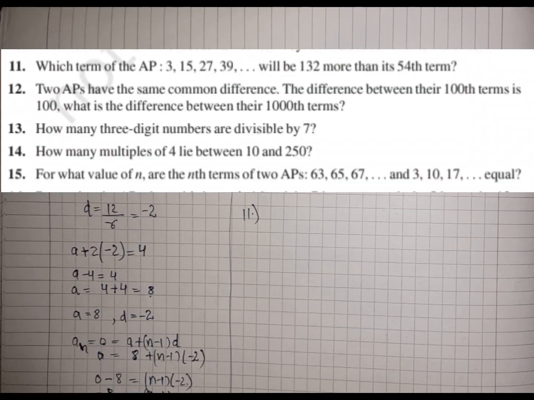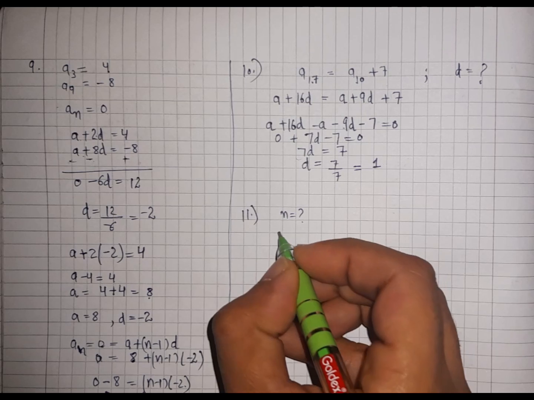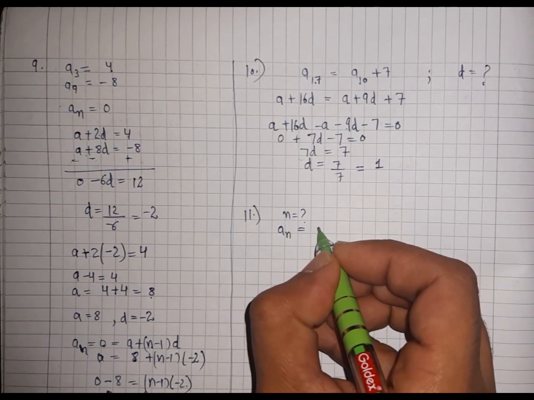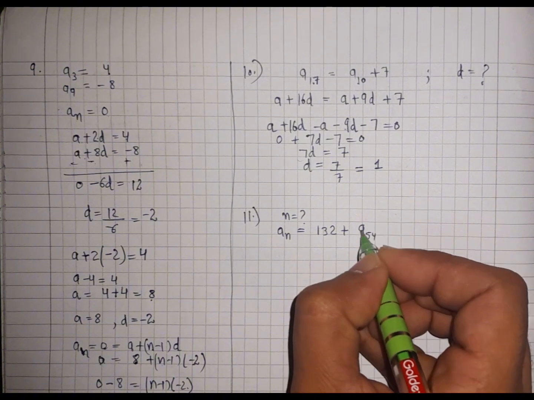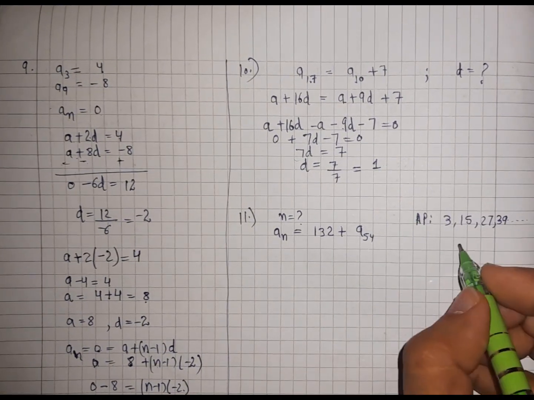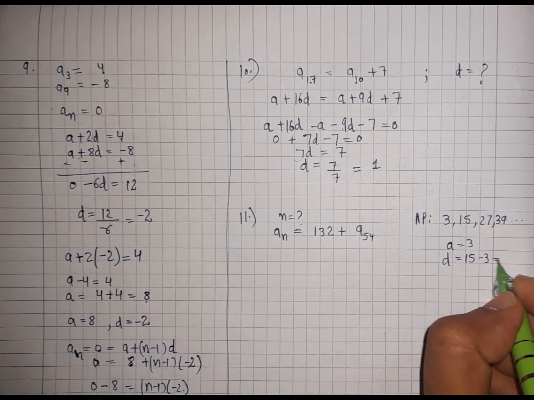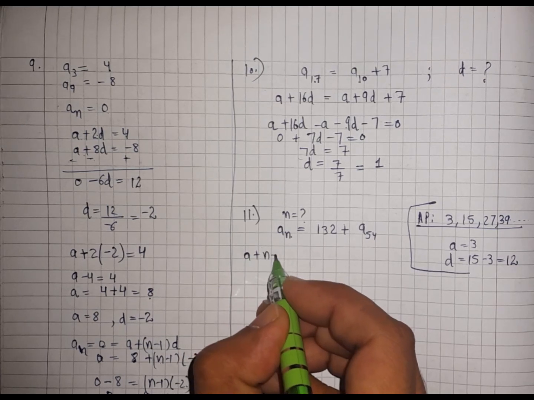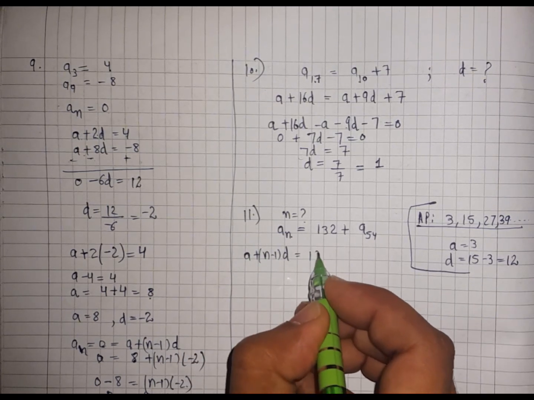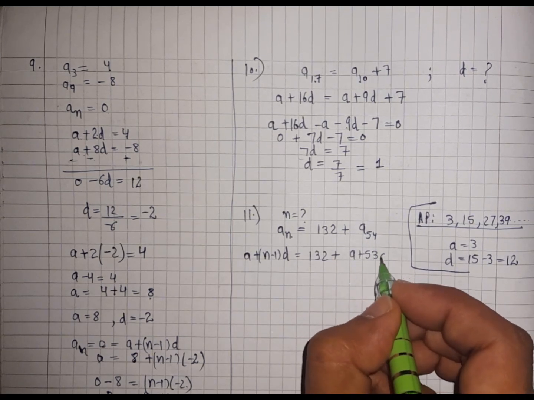10th question. Which term of the AP will be 132 more than its 54th term? That is, we need to find the value of n for which the given term will be 132 more than its 54th term. From the AP we have a = 3 and d = 13 minus 3, that is 12. Now an = a + (n minus 1) into d, 132 as it is, and a54 = a + 53d.